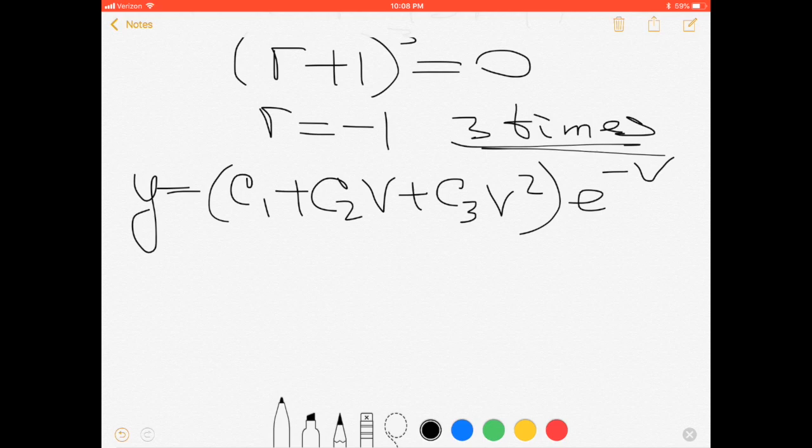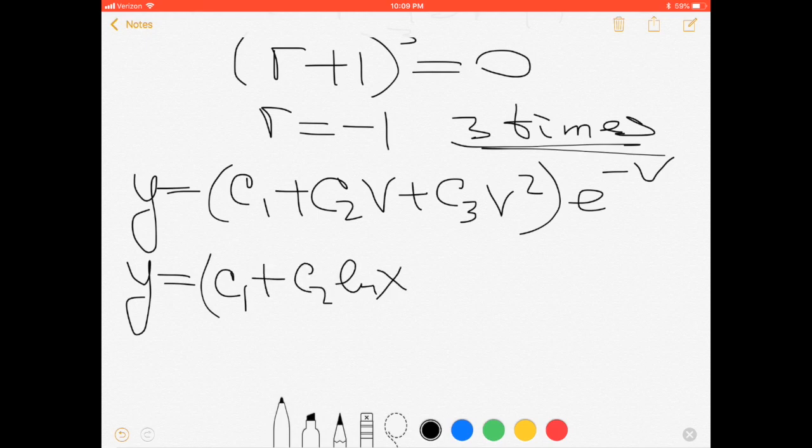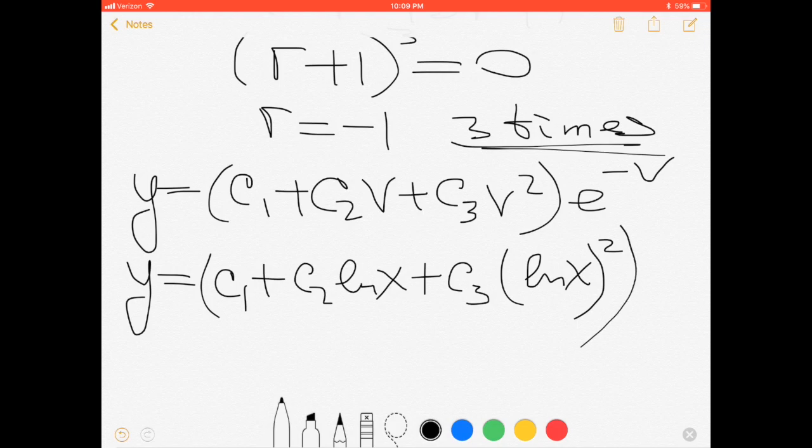This means what we're doing: we need to go back to our old variable, and because v is natural logarithm of x, our solution will be c1 plus c2 natural logarithm x plus c3 natural logarithm x all squared, and e to the power minus natural logarithm x gives us 1 over x. All of this multiplied by 1 over x. This is our general solution.